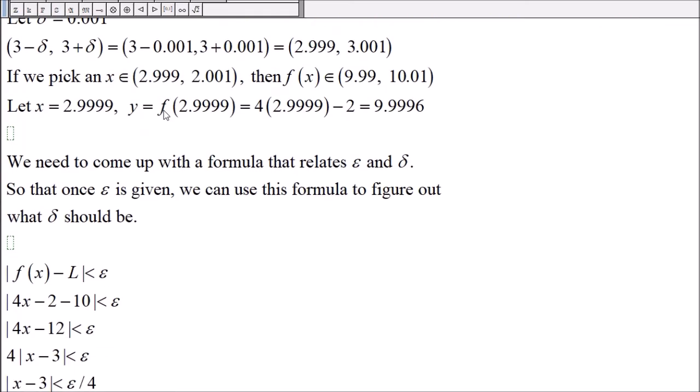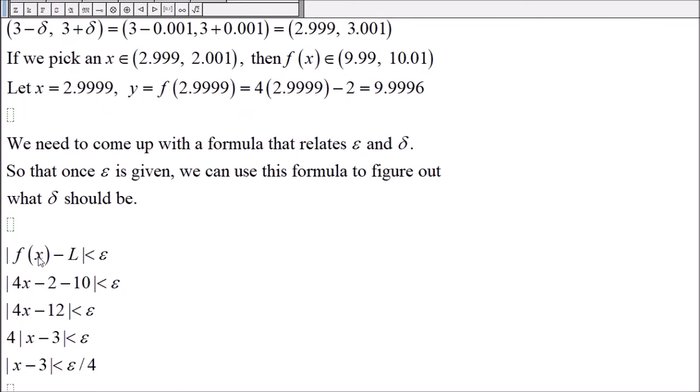And so notice the following. The statement the absolute value of f of x minus L less than epsilon means that the absolute value of 4x minus 2, because f of x is 4x minus 2, and then L is 10. And 4x minus 2 minus 10 is 4x minus 12.